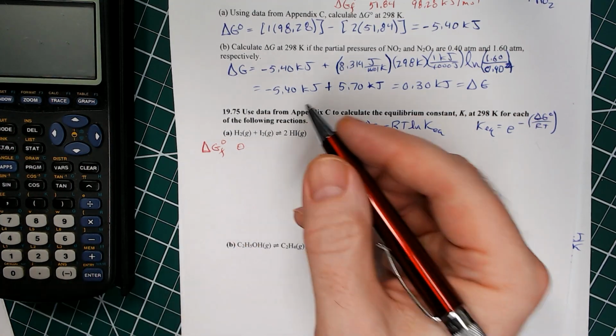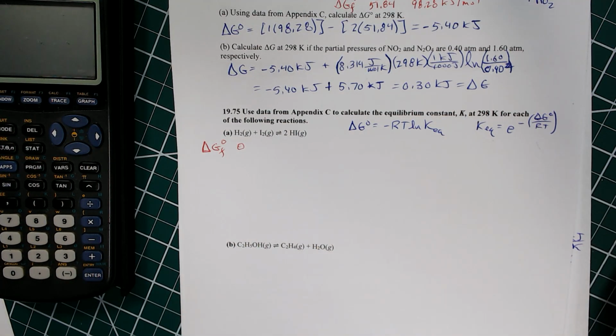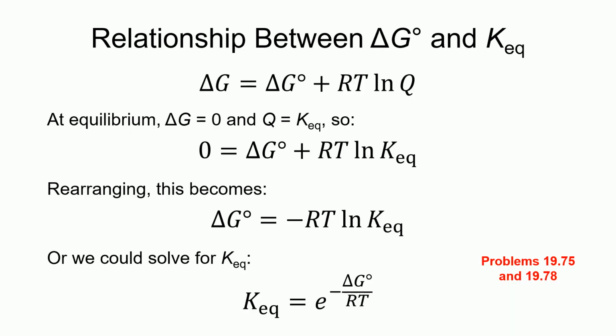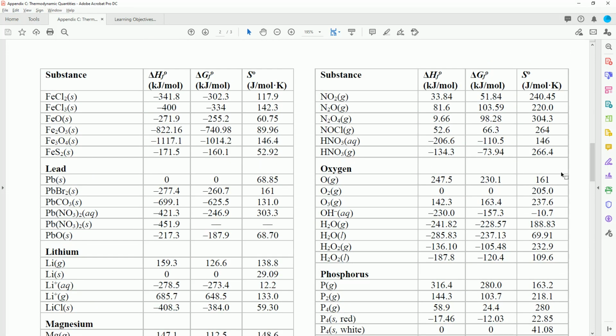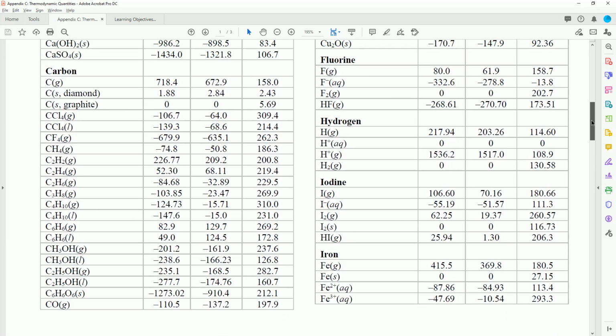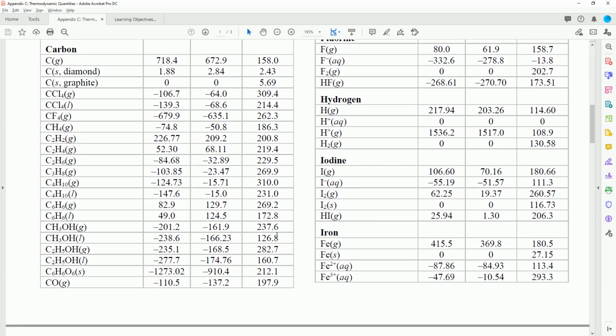And when we do look up that value, so I'm going to go back over here and here we go. So iodine, I2 gas, is right there at 19.37.